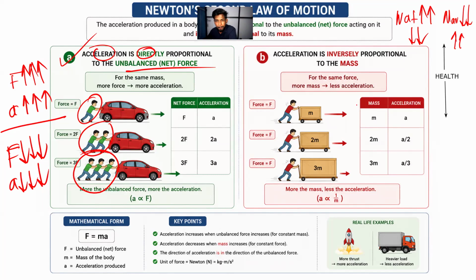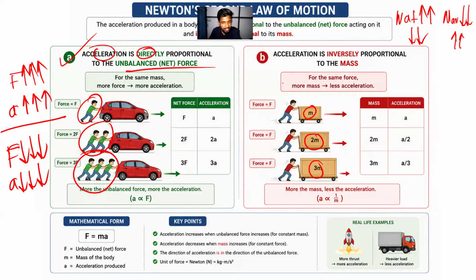Look at the picture here. If the mass increases, what will happen to the acceleration? Whether it is increasing or decreasing.